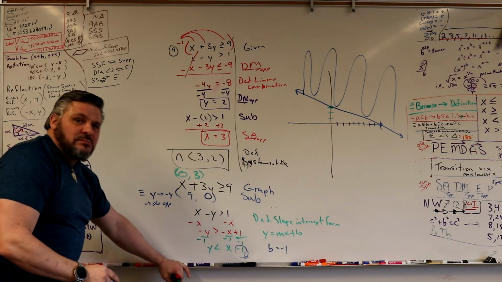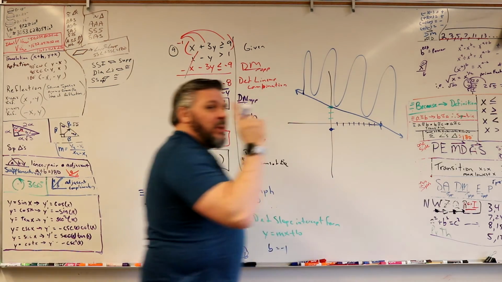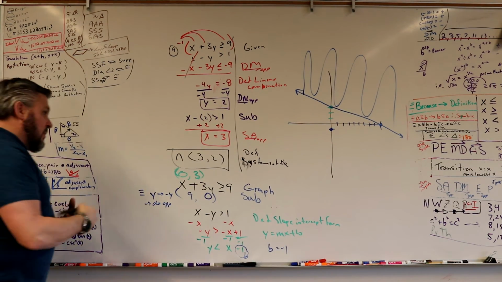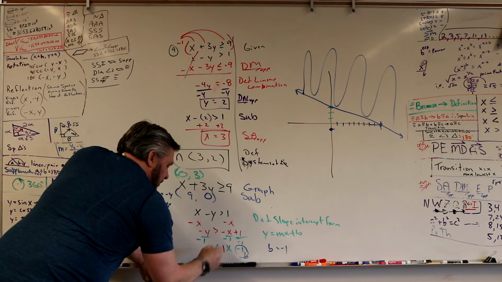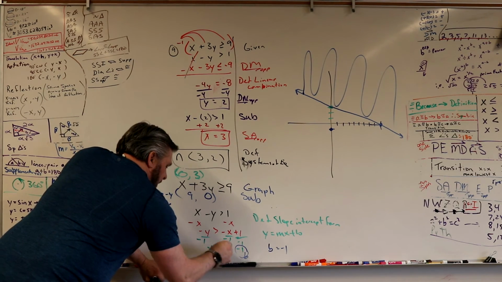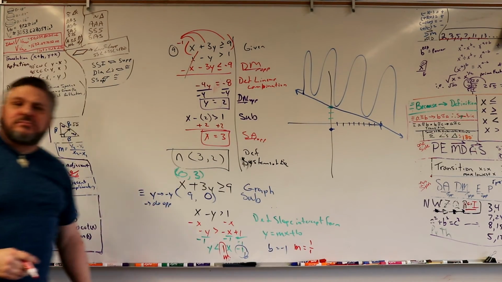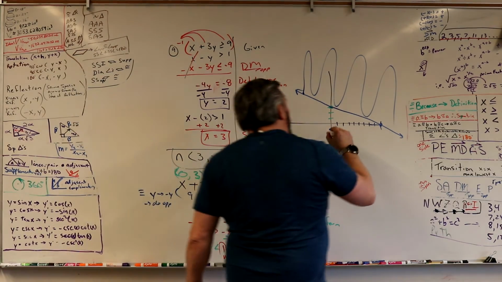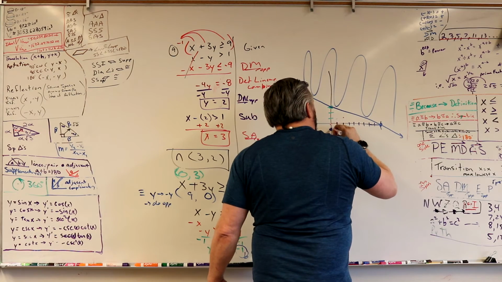That's b. That means that's where my starting point is. And what's my slope? My slope is 1, right? That's my m. Okay? So my slope equals 1 over 1. It's a positive slope. So that means I go up 1 over 1, up 1 over 1, right? So I'm going like this.